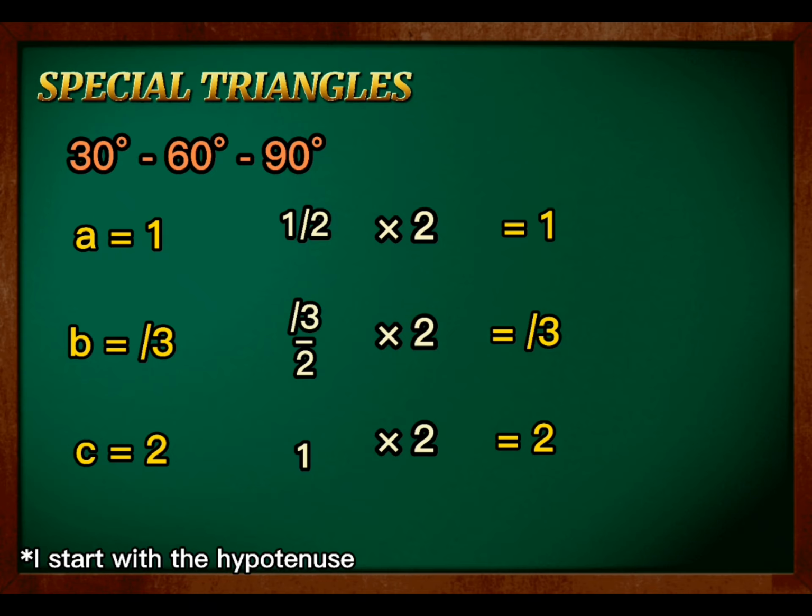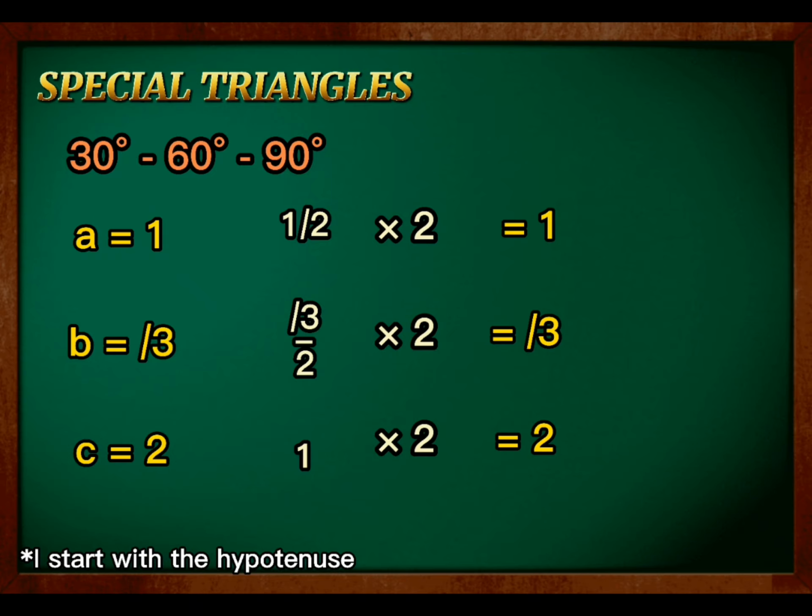And side A, 1/2 times 2, that's 1. And side B, square root of 3 over 2 times 2, so that's square root of 3. Now that is the proof that the measurement of a 30, 60, 90 triangle is always the proportion of hypotenuse 2, side A 1, and side B square root of 3.